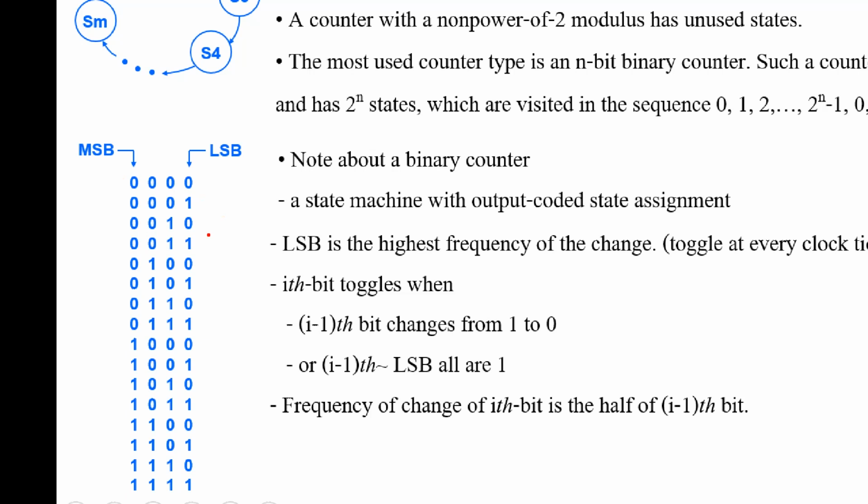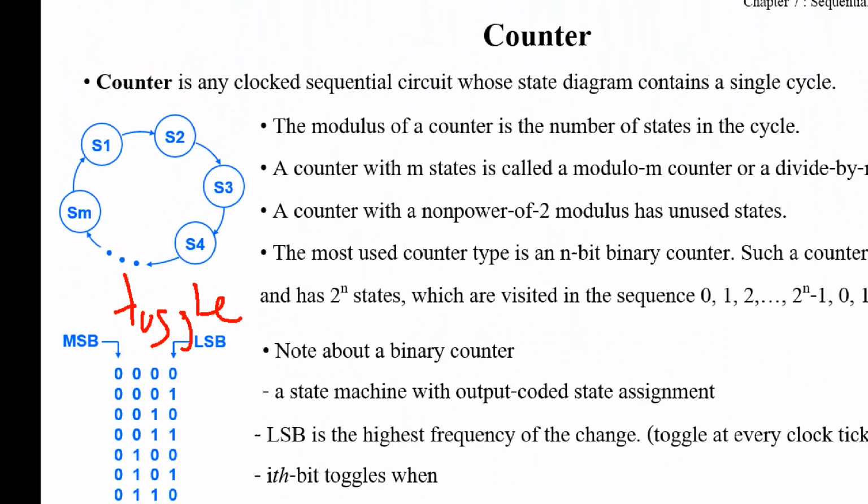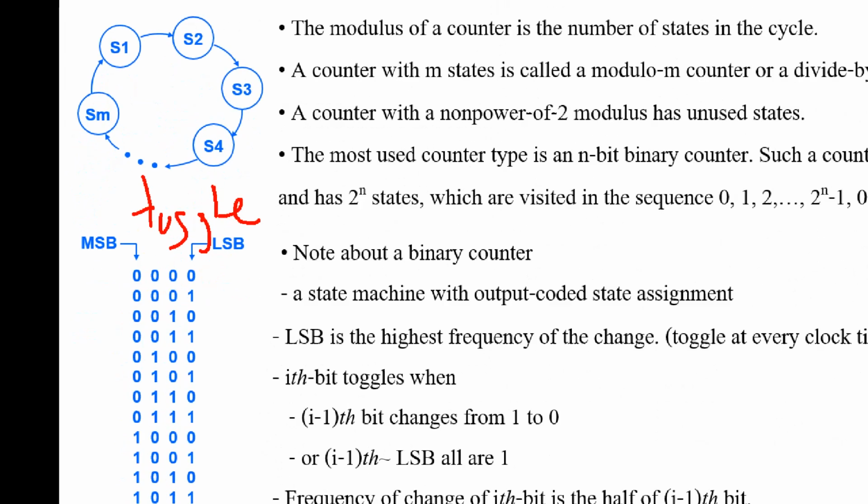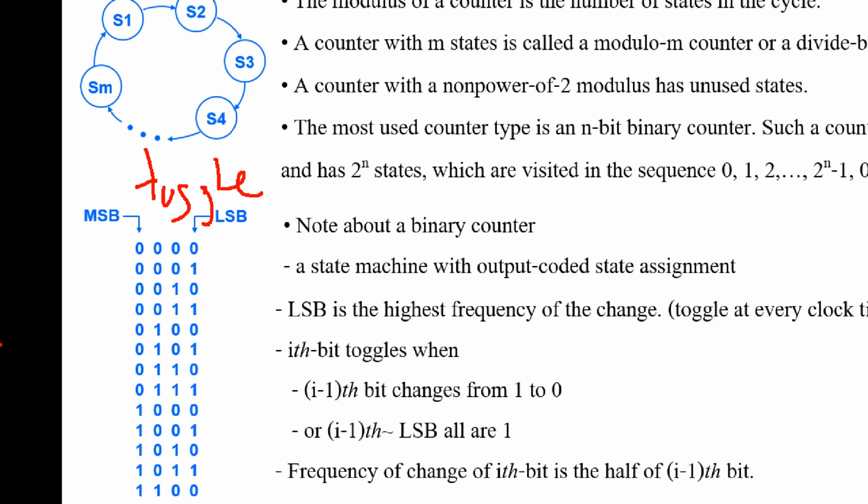Now to design, you just find out the condition when the digit will toggle. Just find the condition. Because you want to design a counter circuit, that means you have no counter circuit now. So you cannot use it to count 1, 2 or 1, 2, 3, 4.